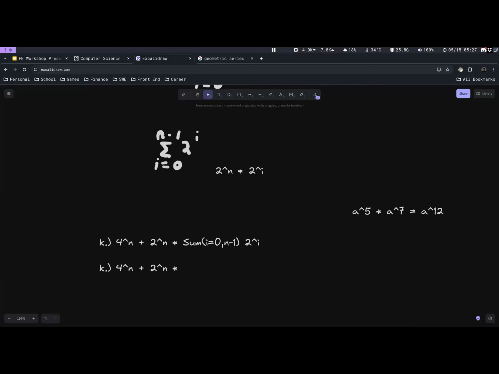Yeah, I'm a bit stumped now. Okay, I see the index shifting formula. So the issue is it's going, yeah.